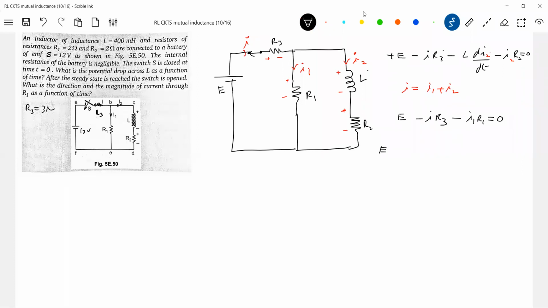So this should be E minus I R3, I1 will be I minus I2, so E minus I R3 minus I R1 plus I2 R1 equal to 0.